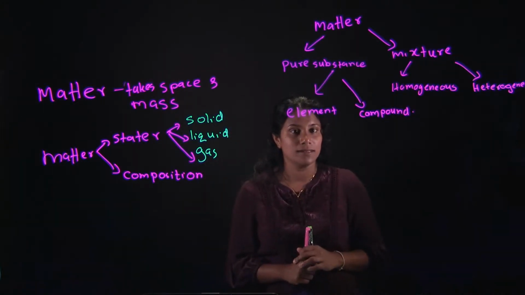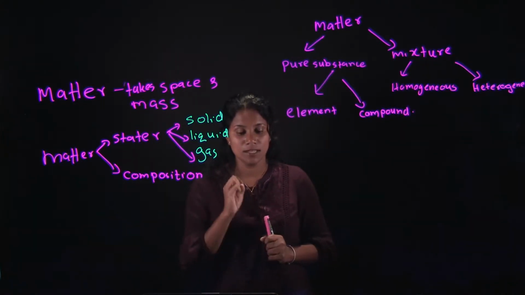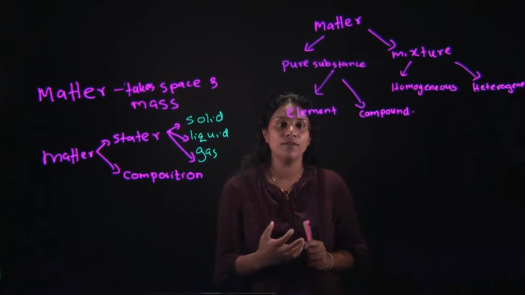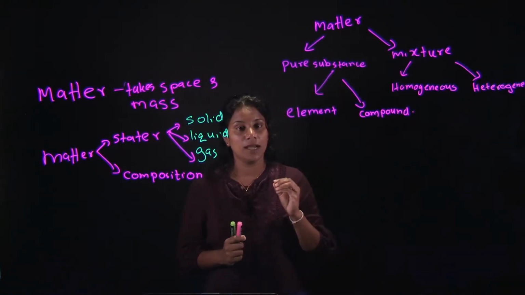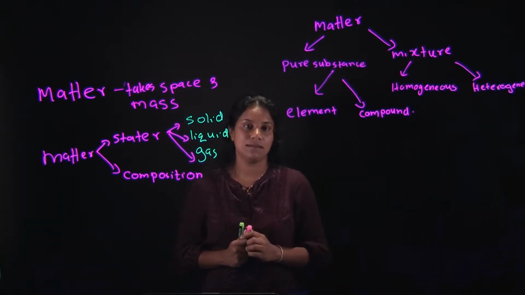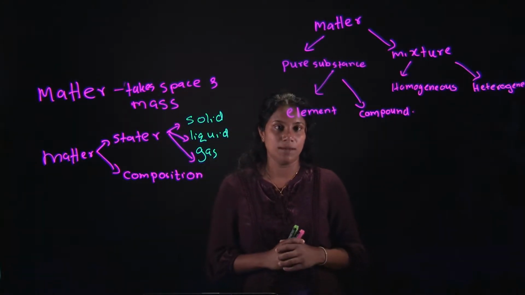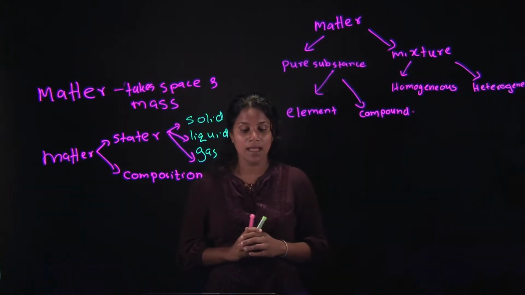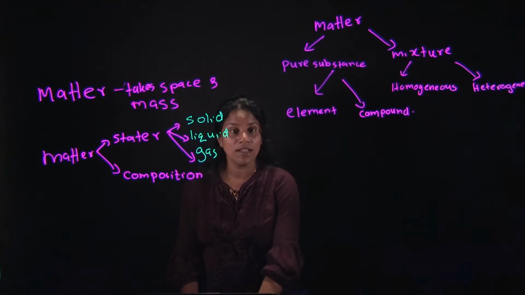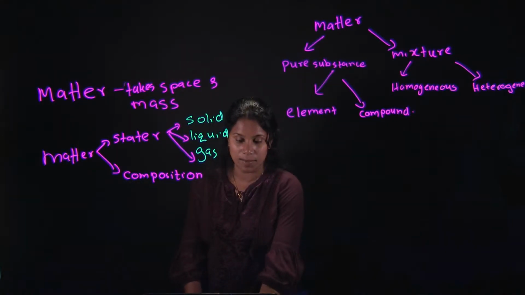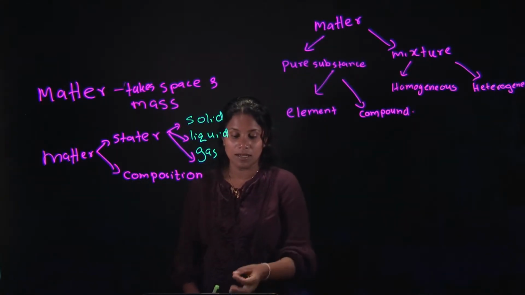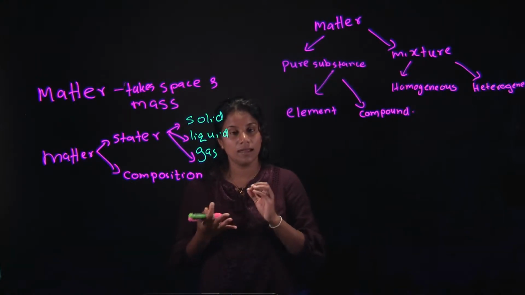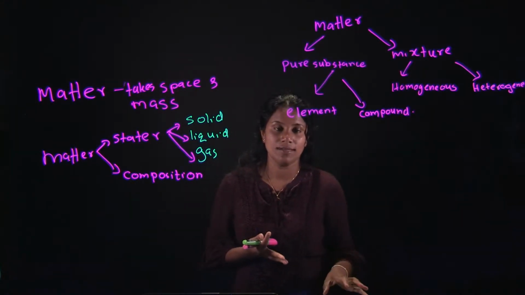Representing chemicals. To represent the elements, you need the symbols. Knowing chemical symbols is very important. If you see this slide, I have listed very important chemicals in the periodic table. You need to know the chemical name and the chemical symbol.